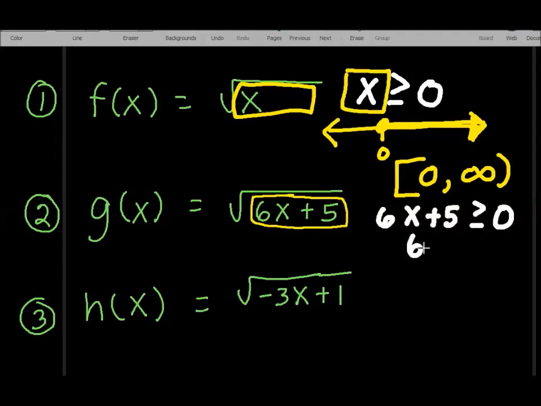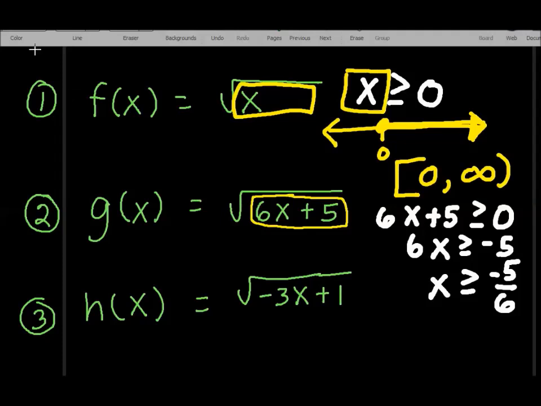And just do a little algebra here. 6x is now greater than or equal to negative 5. And this x is greater than or equal to negative 5/6. And so the only values we can use for this function are values of x that are greater than or equal to negative 5/6.